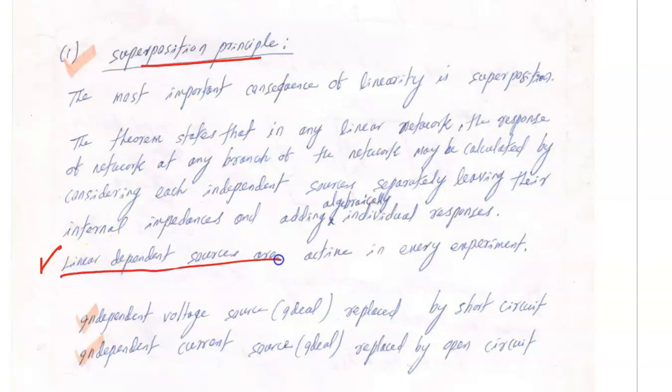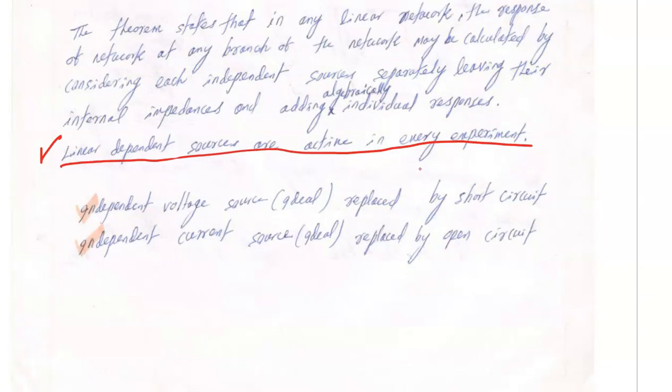Linear dependent sources are active in every experiment. So whenever you have a dependent source, you cannot reduce it to 0. Only independent sources you have to reduce to 0 while considering a given source. Independent voltage source is replaced by short circuit.